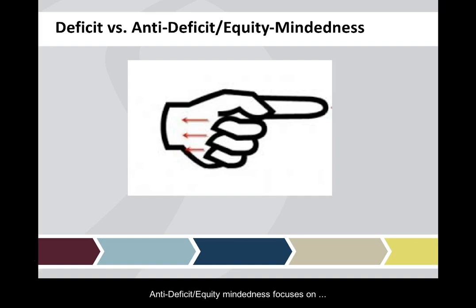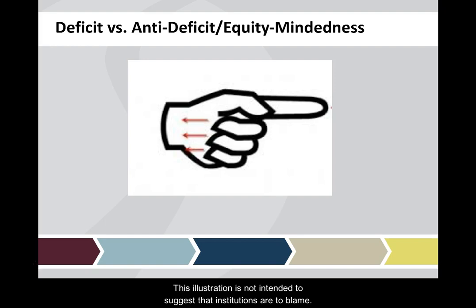Anti-deficit equity-mindedness focuses on institutional responsibility, meeting the students where they are, assessing policies, practices, and processes for barriers, and checking biases for improving outcomes of students.